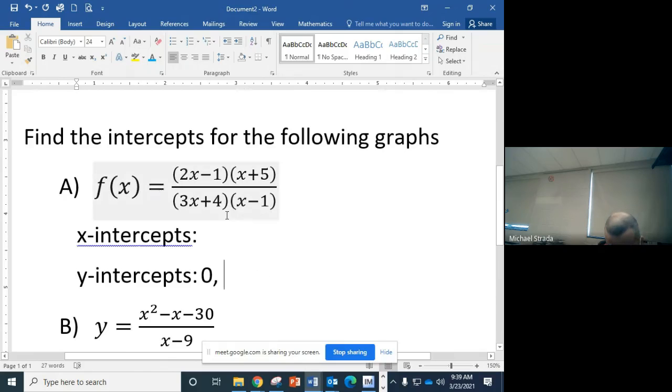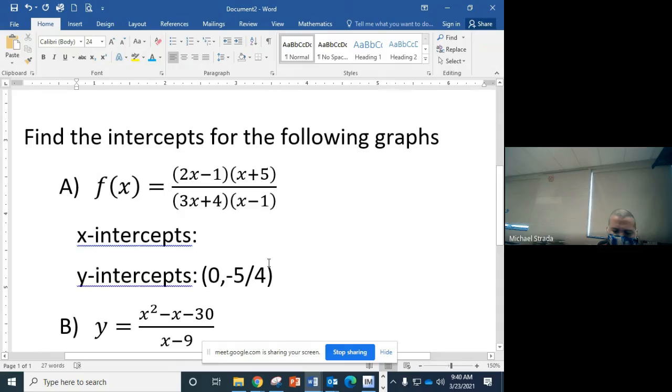All right, so I'm going to have 4 times negative 1, which is negative 4. Negative 5 on top. So my y-intercept is going to be 0, negative 5 over 4. That's my y-intercept. All right, and you're not going to have more than one. Good? Now the x-intercepts are different.